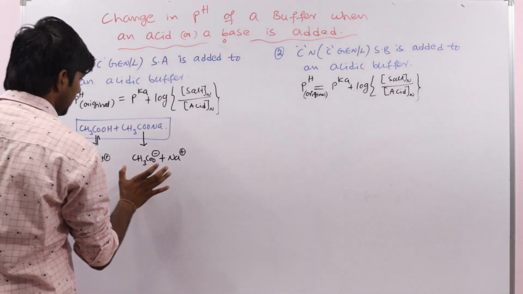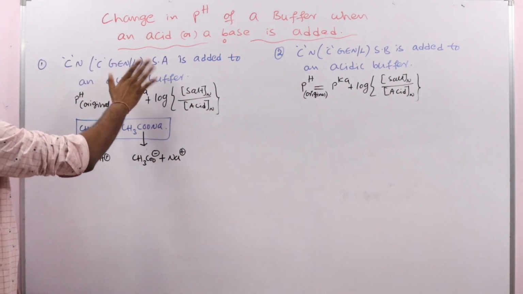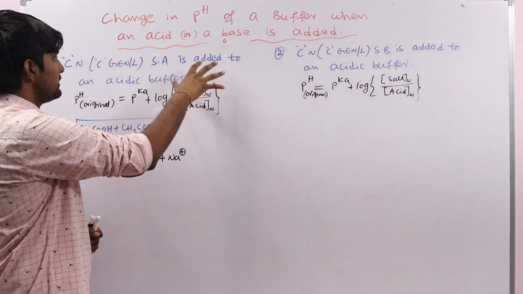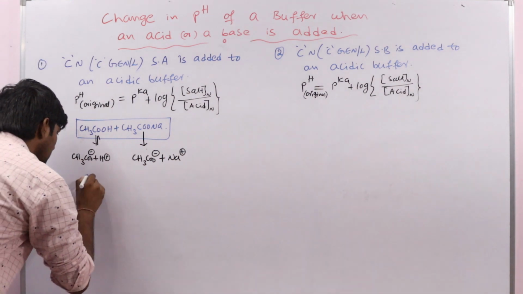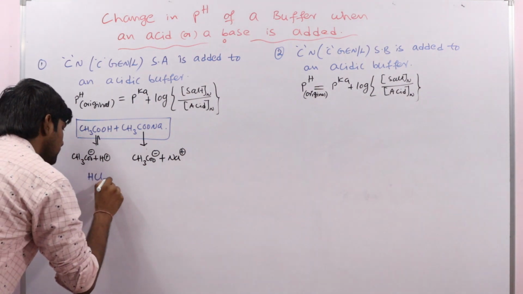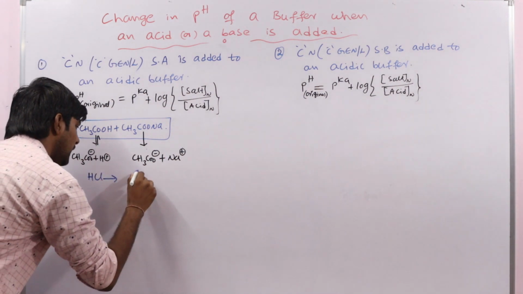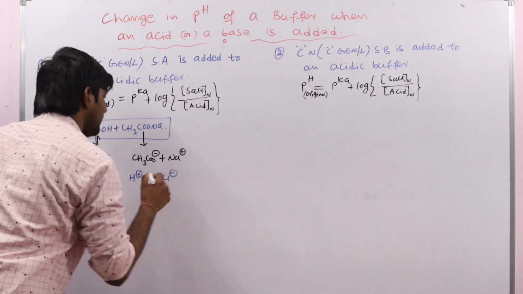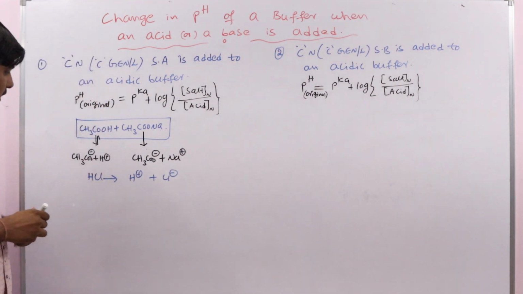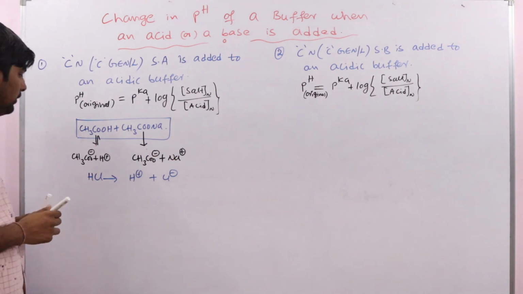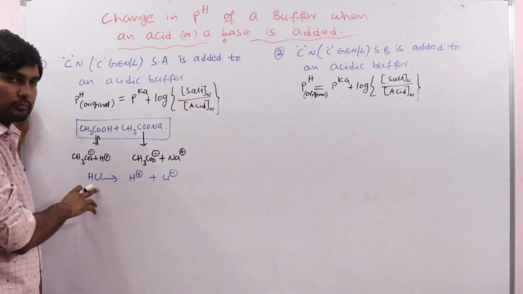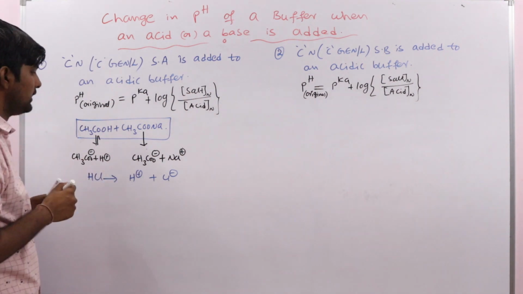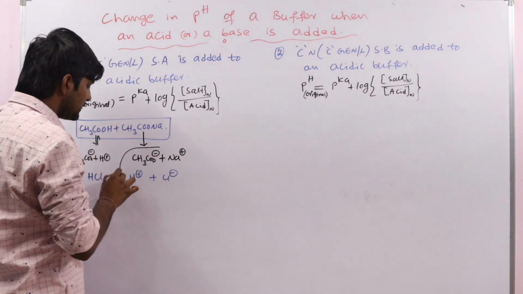Now here, when a strong acid is added to this, what happens, that we are discussing. Suppose you have added HCl, so HCl will give H plus ions and Cl minus ions, yes or no? Now see here, when HCl is added, this H plus reacts with the acetate ions.